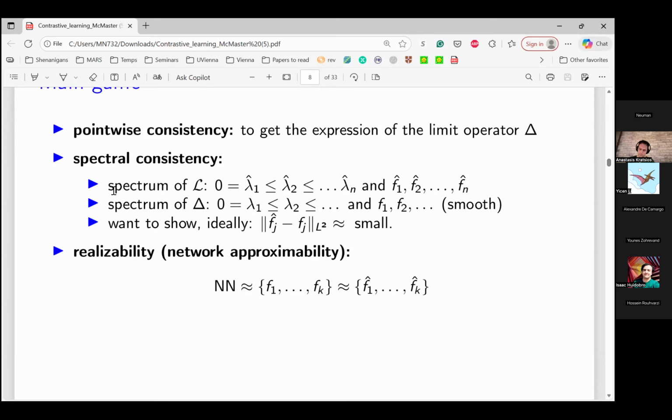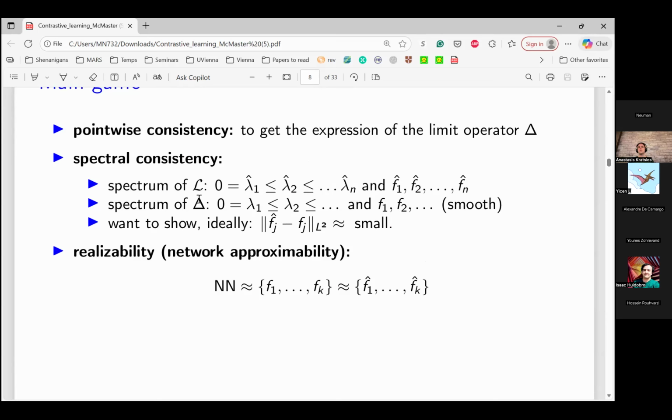Explicitly, the spectrum of the augmented graph Laplacian is an n-point spectrum where the first eigenvalue is going to be zero. You could see that, because you could take the first eigenvector to be 1, 1, 1, 1, and that gives you a first eigenvalue of zero. Corresponding to these n eigenvalues are n eigenvectors.